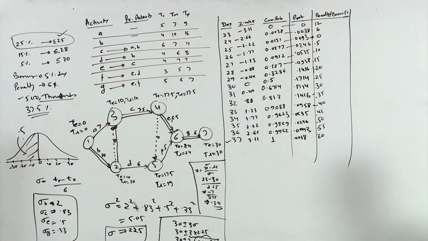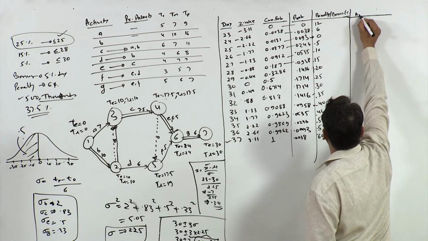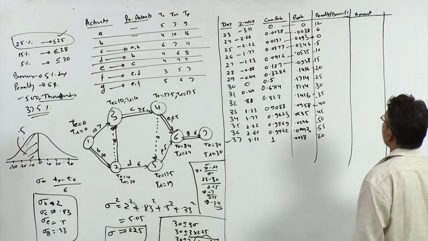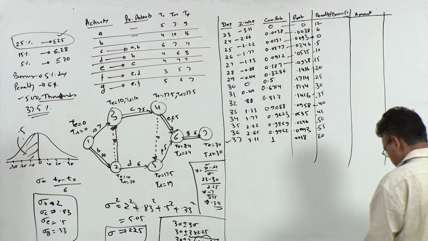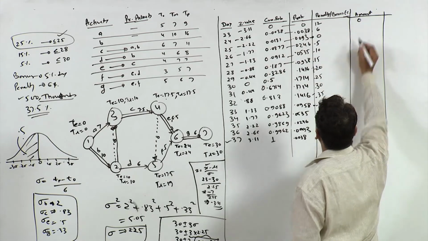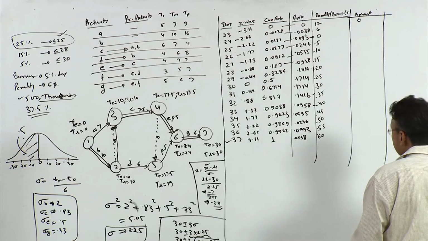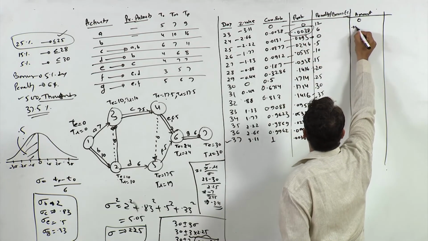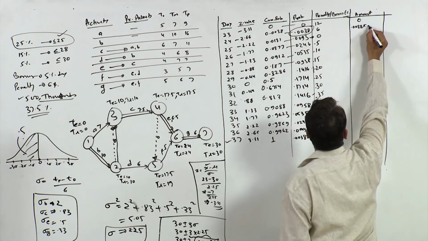Now what is the amount of penalty or bonus? Let us look at this. Initially it is 0 into 0.12, so this is 0. Then it is 0.0038, this is the probability, into 6%, which means 0.06.